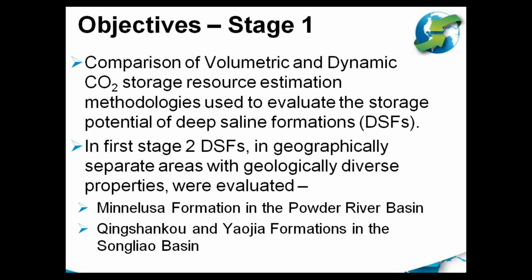When this project was set up, the real question was comparing volumetric and dynamic storage methodologies, really to try and improve estimate of what could realistically be stored at large scale in deep saline formations. In the first stage, two quite distinct formations were selected: the Minnelusa Formation from the Powder River Basin of Montana and Wyoming, and the Qingshankou-Yaojia Formations from China.